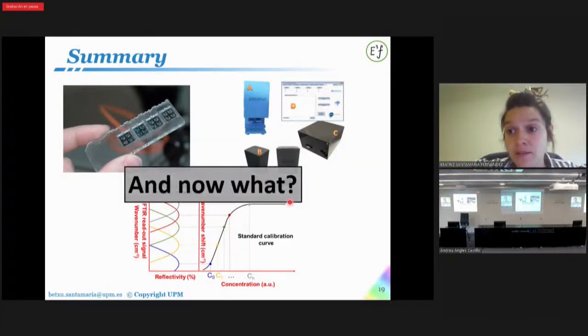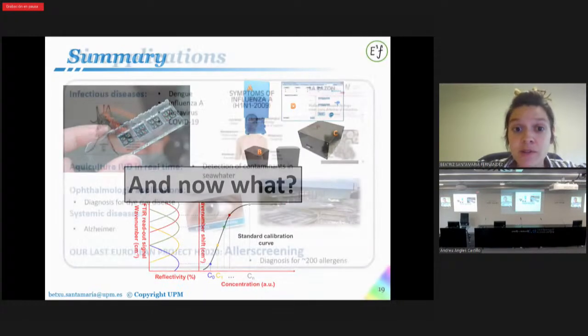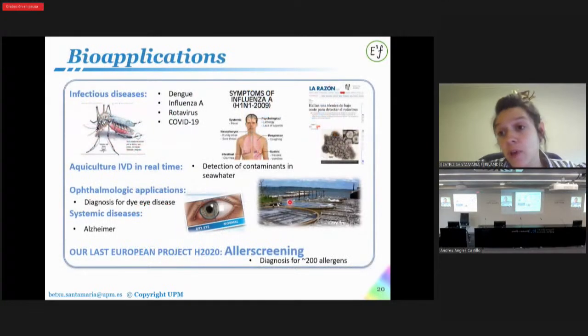And now what? Well, the second part that we research is the bioapplications. We have investigated infectious diseases. We have detected dengue, influenza A, rotavirus, and lastly COVID-19 also. We have also worked in a European project that detects contaminants in seawaters.